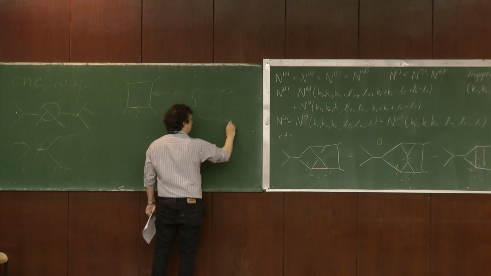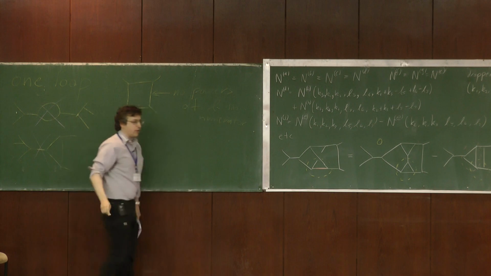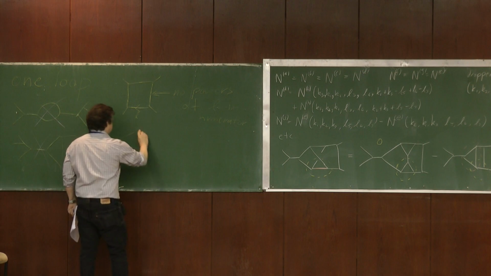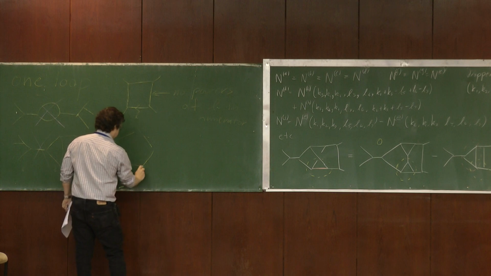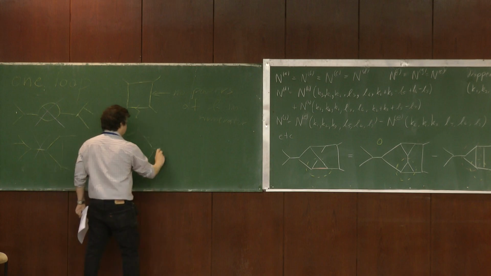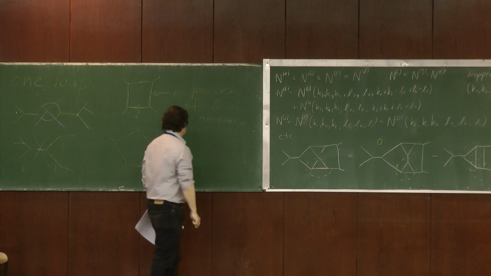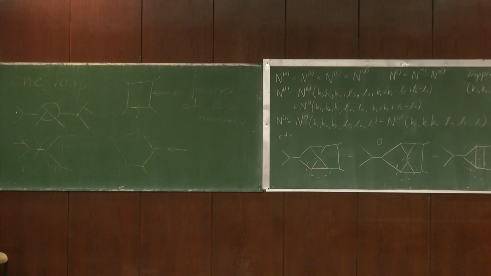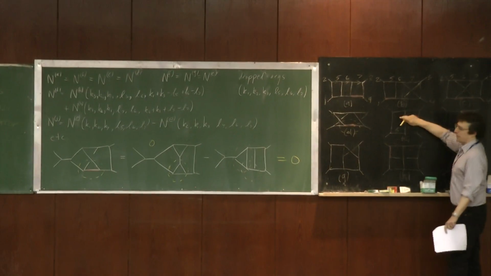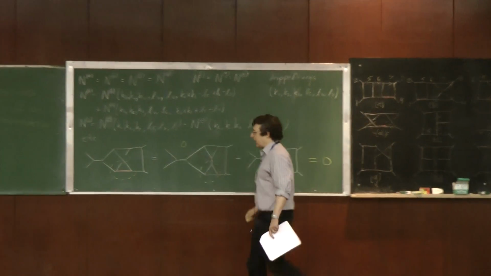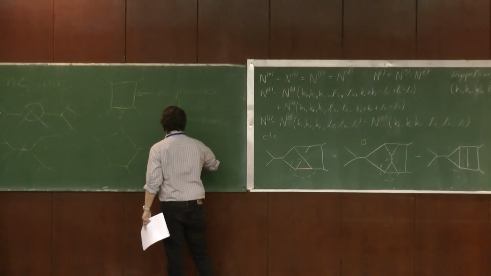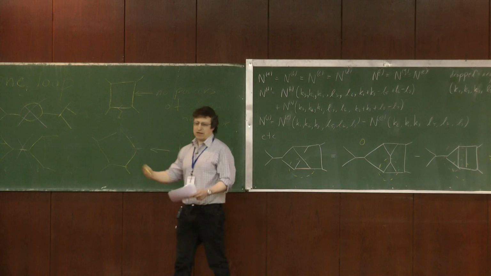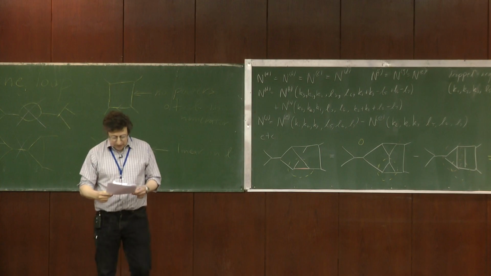So I'm just quoting well-known things from N equals 4 super Yang-Mills amplitudes. And then the pentagon, another observation is that for the pentagon, for example, here we have a pentagon subdiagram. You see the pentagon subdiagram, the one loop subdiagram? This guy should be linear in the loop momentum. Okay, these are just well-known facts, and I'm going to use them.